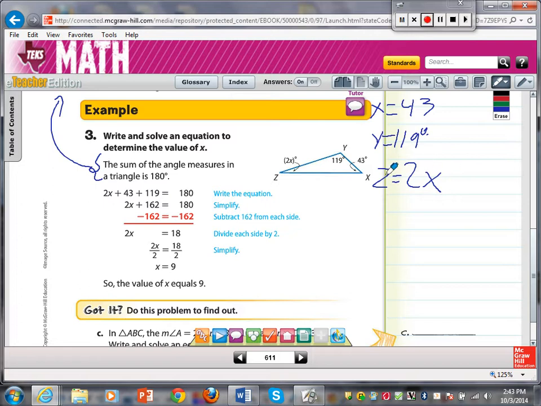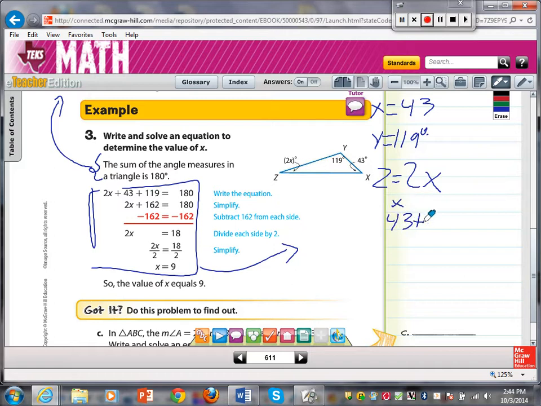So using the property that you just learned, if you add this and this and this together, all that has to equal 180 degrees. Therefore, I'm going to go ahead and work out this problem over here so you can understand me better. So then if I put 2x, which is angle Z, let me put them in order. I'm going to start with angle X, 43 degrees, plus angle Y, which is 119 degrees, plus angle Z, which is 2x.